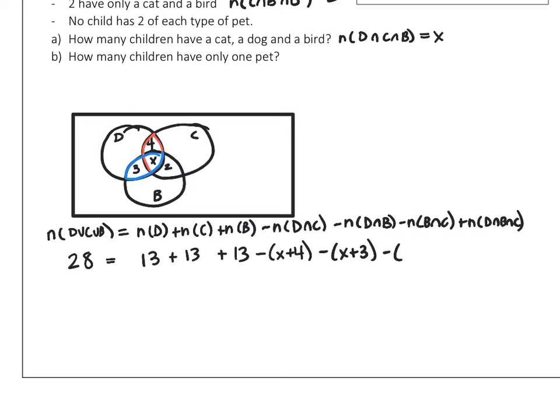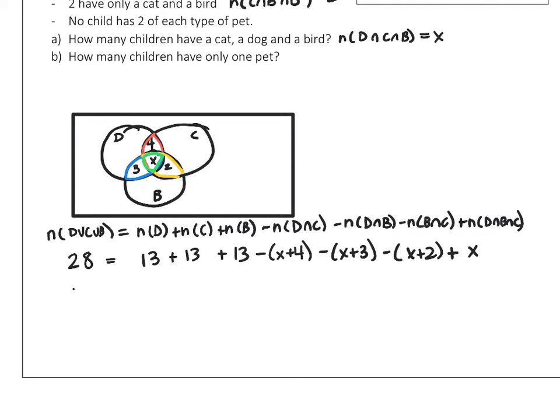And then the bird and cat will be this part here, so that's going to be x plus 2. And the part that is in all of them, that's that middle part, so that is just simply x. So when I do the math on this, what this ends up being is 13 plus 13 plus 13, take away 4, take away 3, and take away 2.